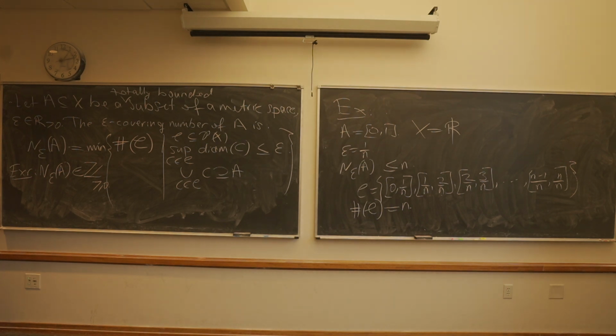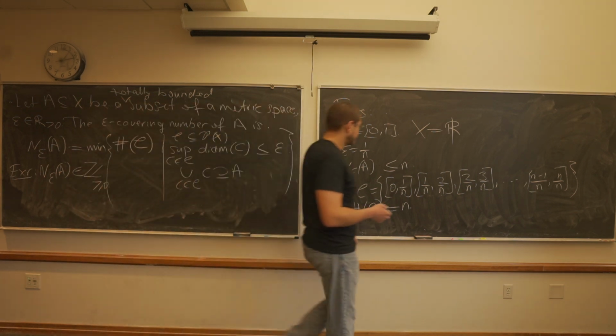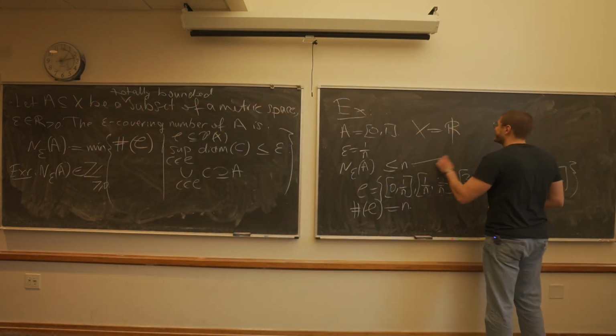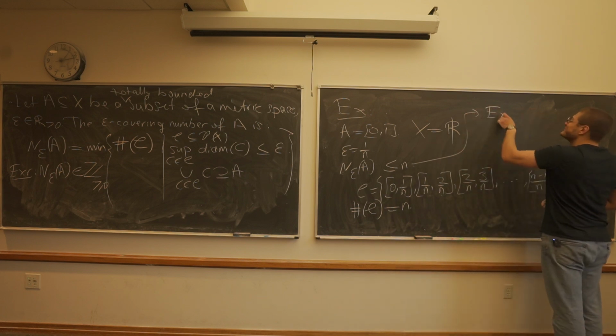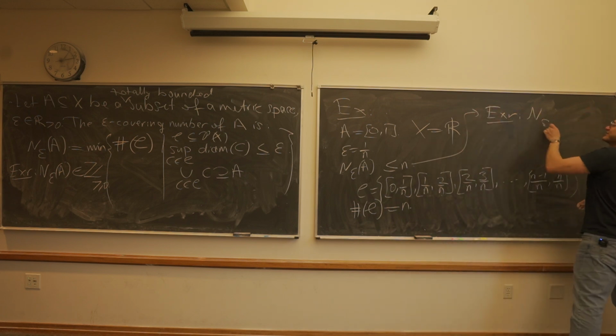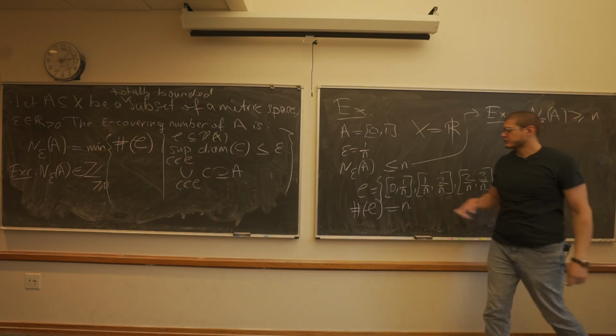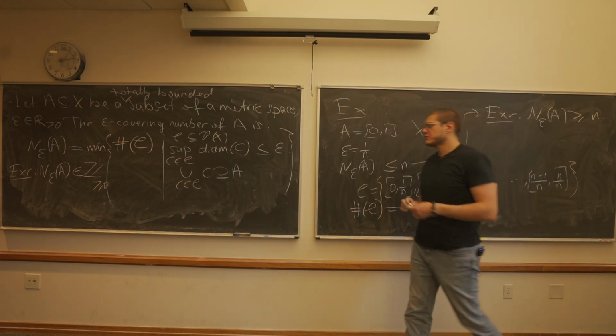How about the lower bound? Well, that's the harder part, of course, and I'm going to leave that as an exercise. It is true, though. So how can you do this?